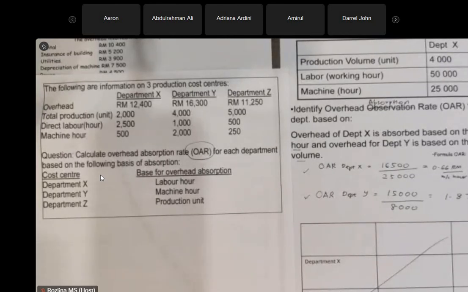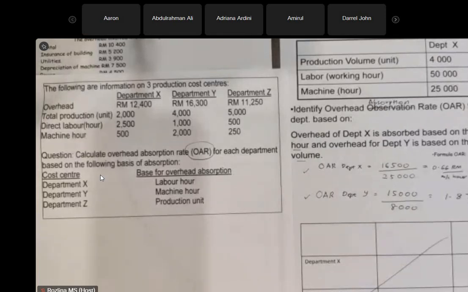Dapat dah jawapan. You should get what answer? Department X. Simple je ni, 3 minit dah siap. Okay, good.